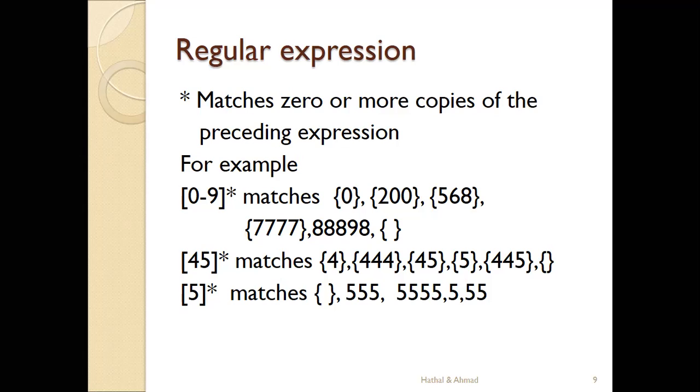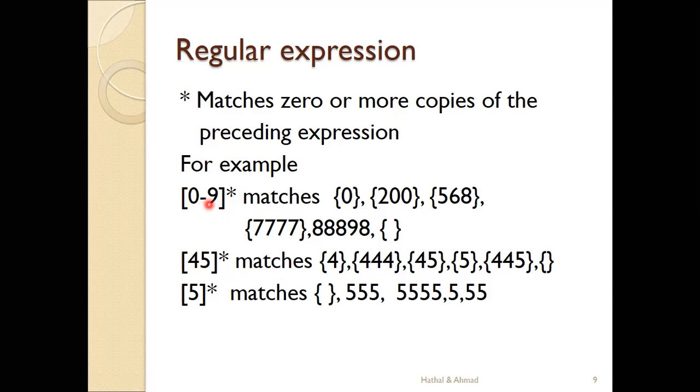The star has a similar function to the plus operator, but the only difference is that it tries to match either 0 or more copies of the preceding expression. The expression present before this operator is called the preceding expression. Here the operator is a star, and it is applied to a character class.